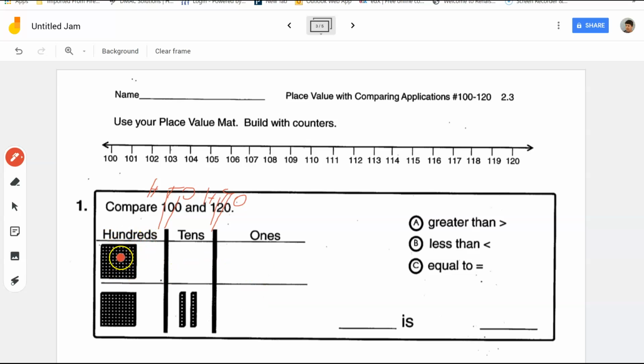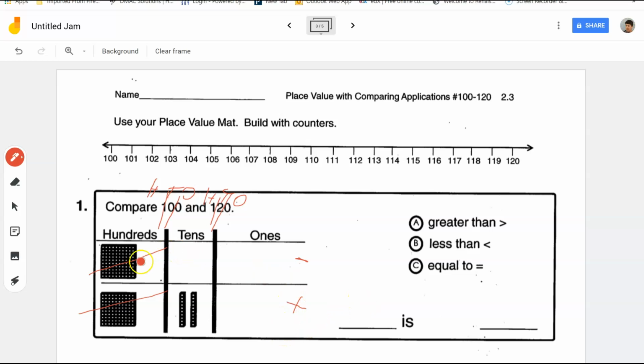So 100 and 100, we go to the greatest place value first. So is this going to help me? No, because they have the same. Then I go to the tens. Look at the tens. We don't have nothing here, and we have 2 tens on the next number. So I know that this has fewer and this has more.